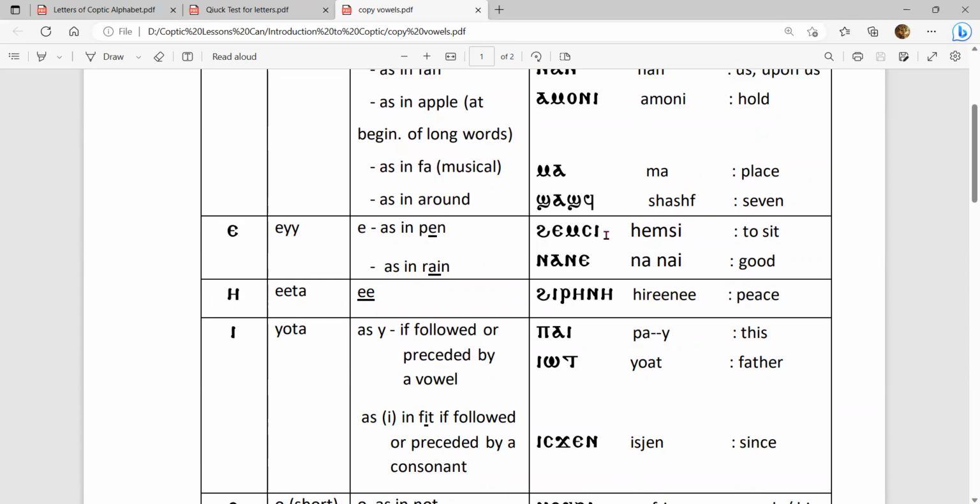I have chosen here a word, hemsi. It's a H, hori, H, A, may, M, sima, S. The iota here is E. Hemsi, to sit.